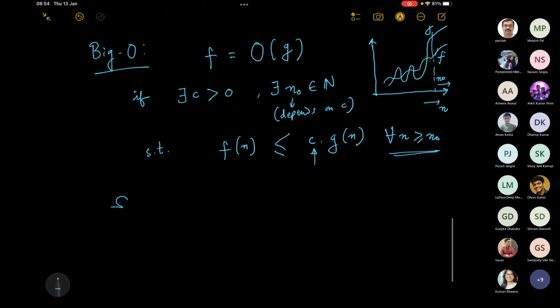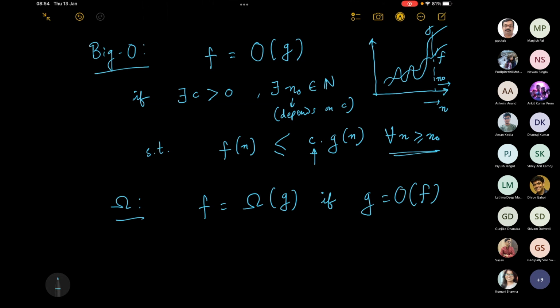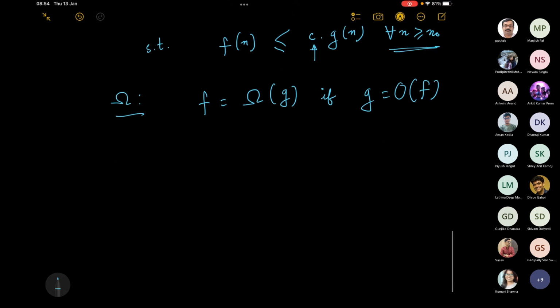There is another very popular one, big omega. The spirit is just opposite. We say f is big omega of g if g is big O of f. And another popular one is theta.